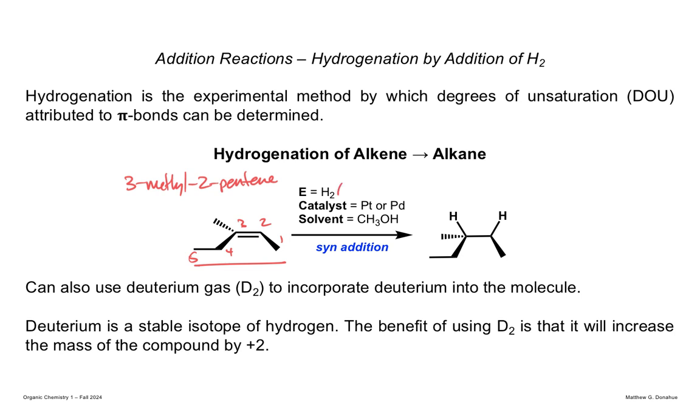So hydrogen gas is the electrophile. The reaction requires a precious metal. So typically platinum or palladium is used.